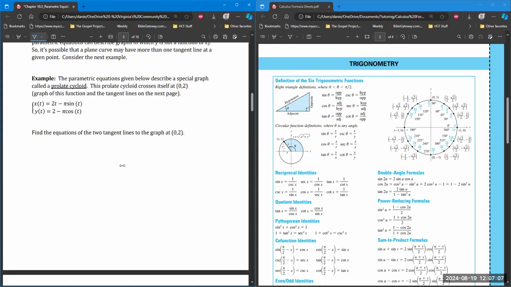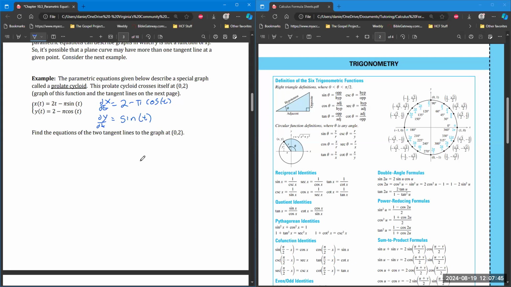If you want to look in the textbook as well and follow along, x of t is equal to 2t minus pi sine of t, and y of t is equal to 2 minus pi cosine of t. So we're going to need to find dx/dt, and that's going to be 2 minus pi cosine of t. And we're going to need to find dy/dt, and that's going to be the derivative of a constant, which is 0, and negative sine t times a negative pi is a positive pi sine t.